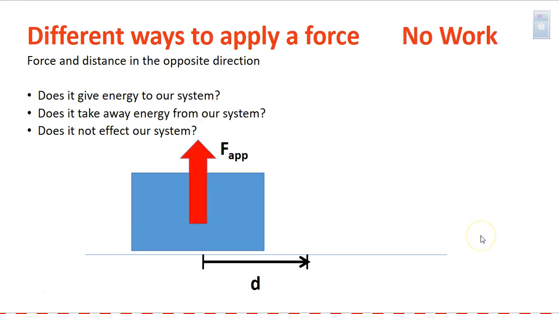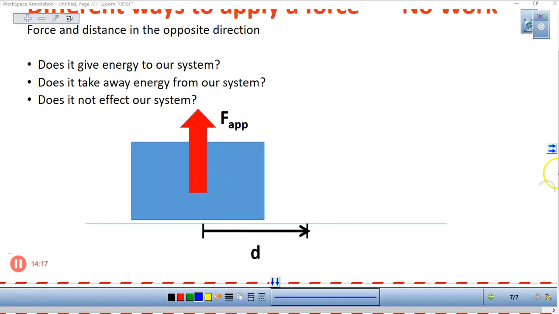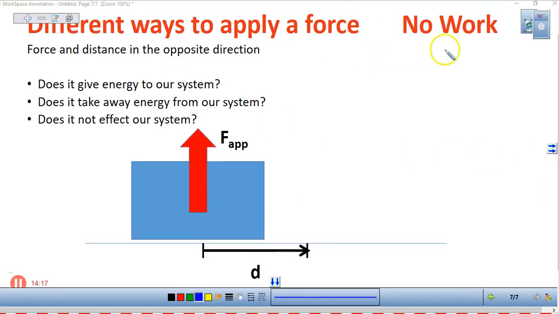No work. There are actually 3 ways we can display no work, even though I have it a specific way here. No work can also be categorized as 0 work. So these are both synonymous.